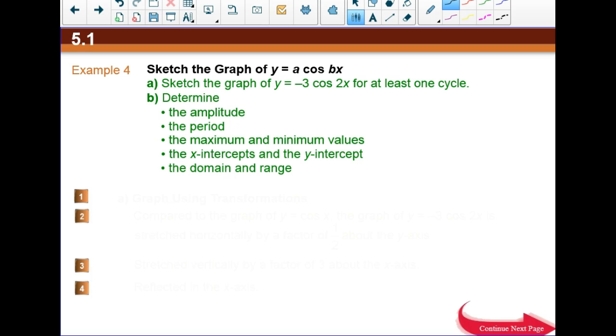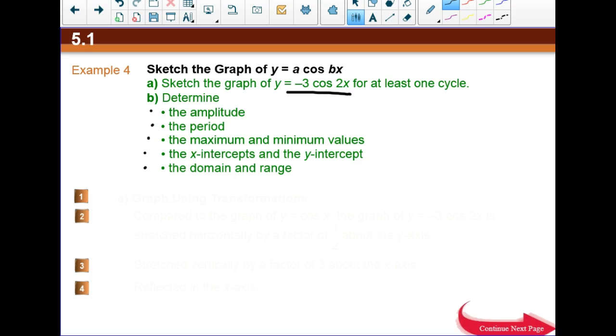Okay, so example 4 on page 229 says we're going to sketch this graph for at least one cycle. Okay, so that means we have to find the amp, the period length, max and min values, x and y intercepts, and domain and range. Okay, so if we start looking at this, what is our amplitude for this? It should be 3, right?